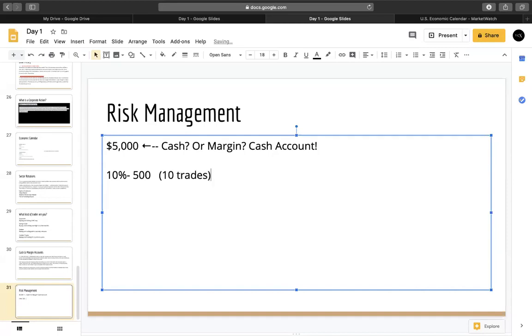Let's say you have 10 trades. Now let's say 6 of those trades are profit. Let's say on those 6 trades you made 50% profit. How much do you make in total?